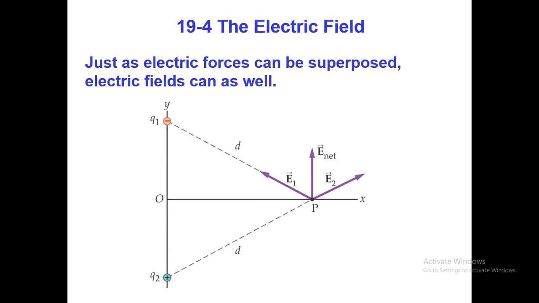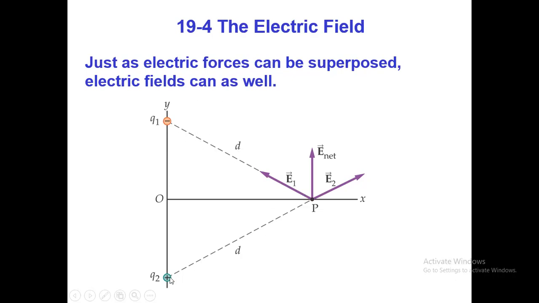So another concept of electric field intensity: we will discuss that just as electric forces can be superposed, electric fields can as well. So you can say this one is the negative charge, and the electric lines of force are exerted towards that one and cover some distance.